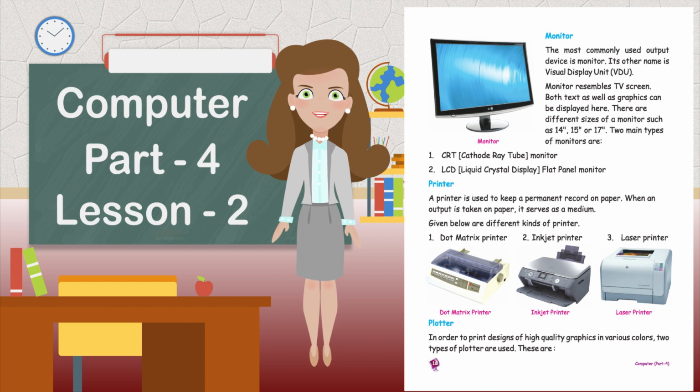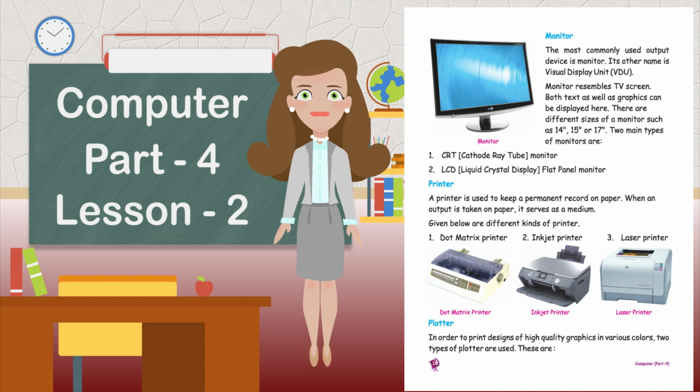There are different sizes of a monitor such as 14-inch, 15-inch or 17-inch. Two main types of monitors are: number 1, CRT, cathode ray tube monitor. Number 2, LCD, liquid crystal display flat panel monitor.